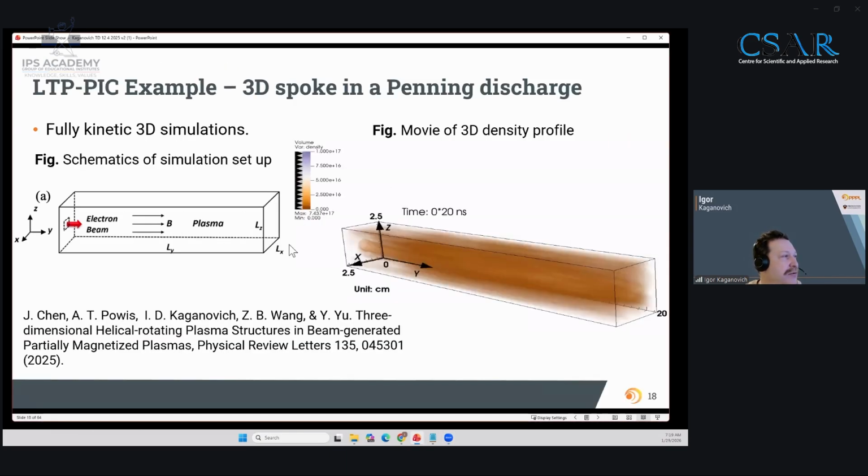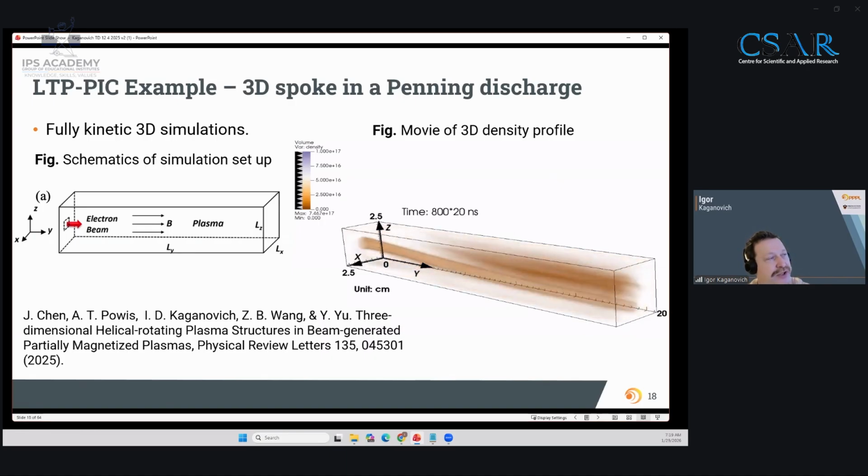And so this is a movie, and you can see that in certain regimes, this plasma produces this kind of complicated helical structure, which rotates. Again, I don't have time to discuss all the physics, but it's basically a centrifugal instability which drives this self-organization. And the point is that with a 3D code, you can discover new physics because otherwise it's very hard to understand how plasma self-organizes in 3D.